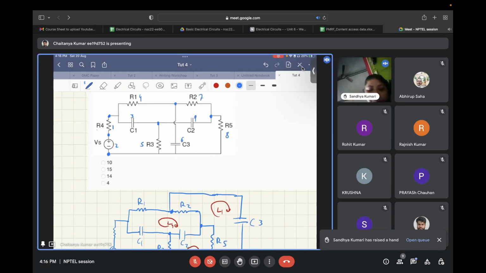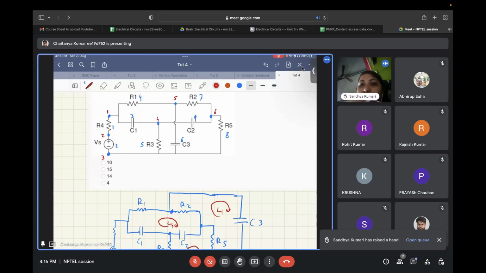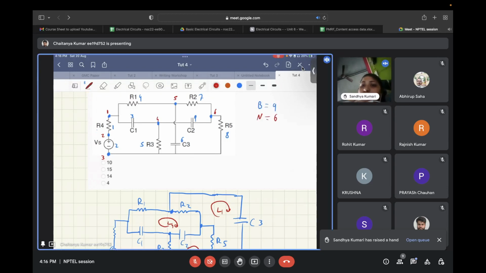And the number of nodes that you have is one, two, three, four, five, six. So branches are equal to nine, nodes are equal to six. So the number of meshes that we will have is b minus n plus 1, that comes out to be 4.